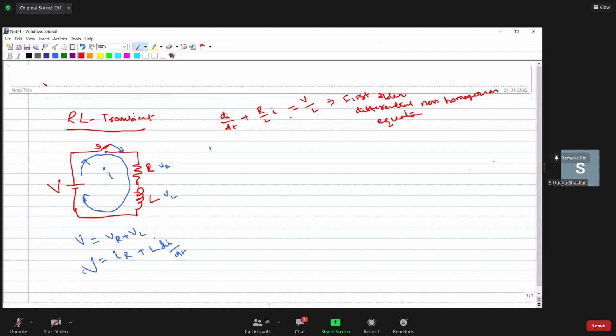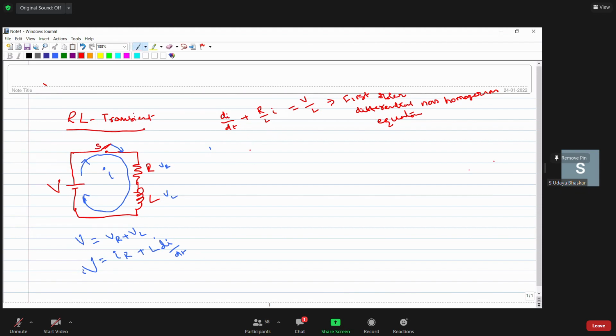That means if di by dt plus R by L into I is equal to 0, then we can say it is a homogeneous equation, and since we don't have a 0, it is a non-homogeneous equation. It may come in your first year mathematics, so it is a first order differential equation.